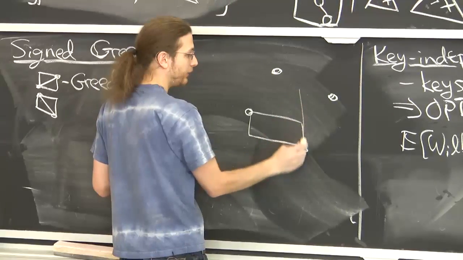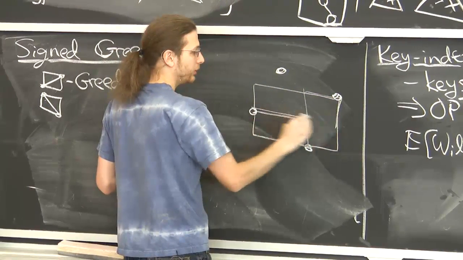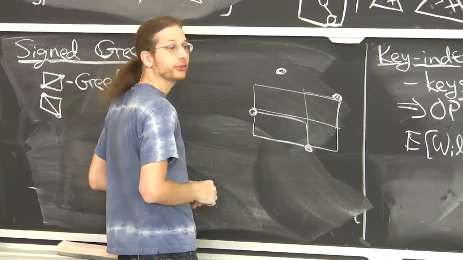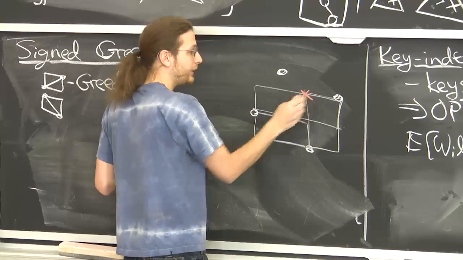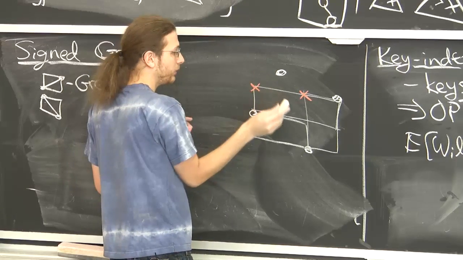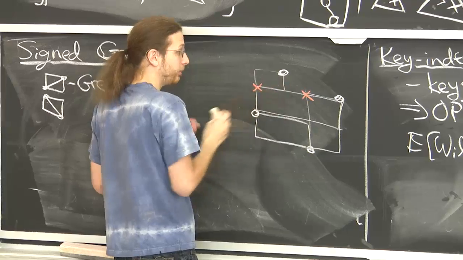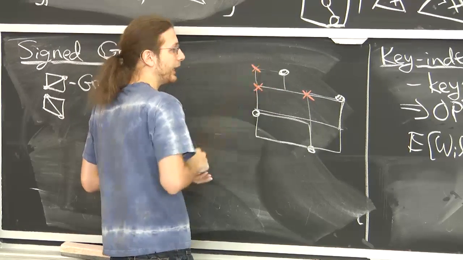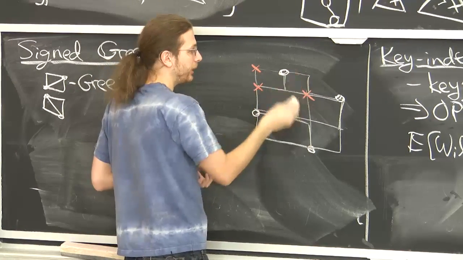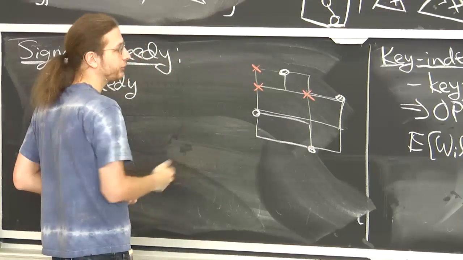Then I see this one and this one. Okay, I say, oh, those are plus rectangles. So I'm going to add a point here. I'm going to add a point here. Then I go up to here. I see this rectangle, which is a plus rectangle. That's bad. So I've got to add a point. I see this minus rectangle I don't care about. Okay, this is plus greedy.